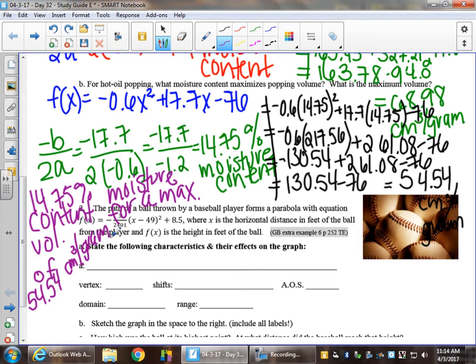So just like we did before, 14.75% moisture content for a max popping volume of 68.75 centimeters cubed per gram.